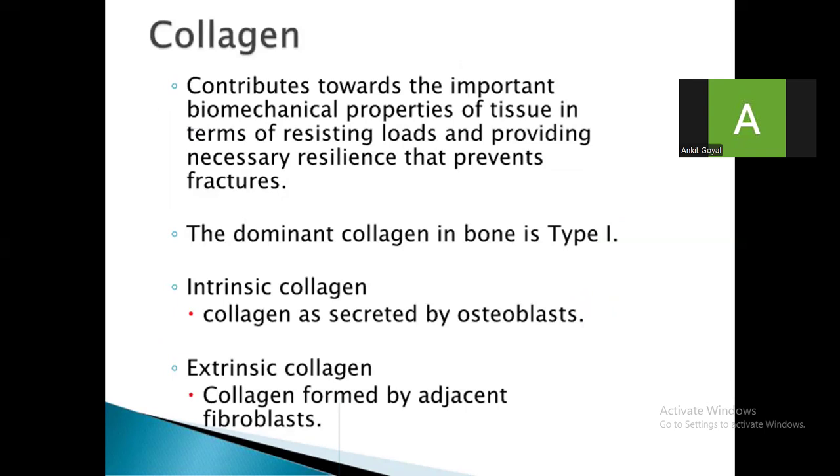The collagen contributes towards the important biomechanical properties of tissue in terms of resisting loads and providing necessary resilience that prevents fractures. The dominant collagen in bone is type 1, intrinsic collagen secreted by the osteoblast, and the extrinsic collagen is formed by adjacent fibroblasts.